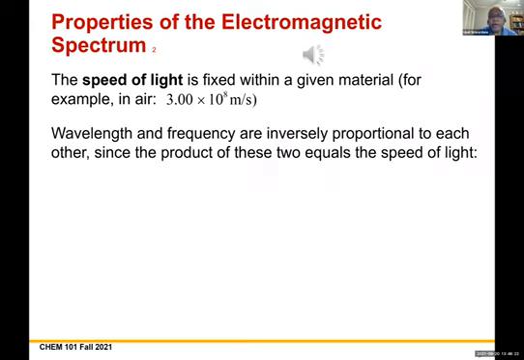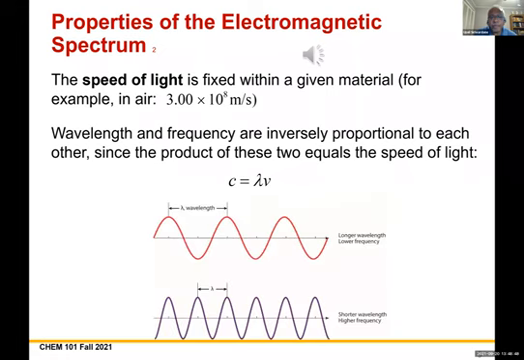Wavelength and frequency are inversely proportional to each other. We have a wave equation that gives the relationship: c, the speed of light, is equal to lambda times mu. Lambda is the wavelength, mu is the frequency.